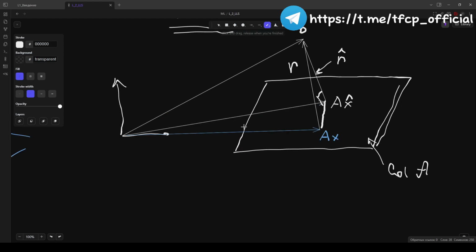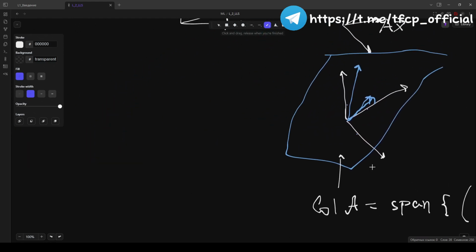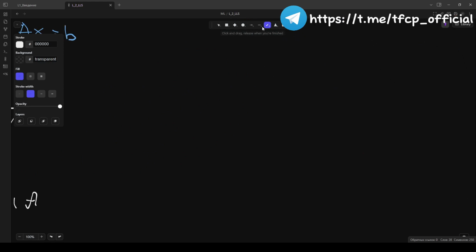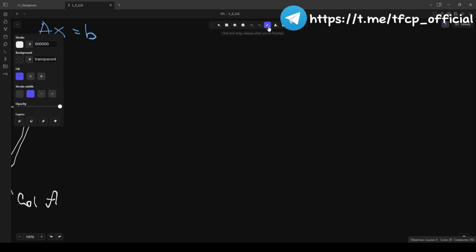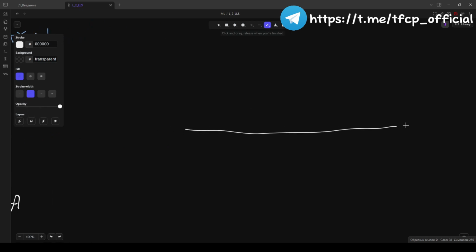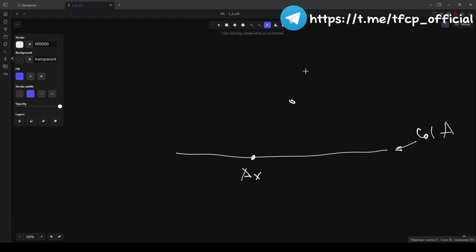Let's take a look at all of this from the outside and see exactly how it will look. That is, if we look at this picture from the side, then essentially this plane will turn into a line from a different perspective. Here I have the vector b, and right here, as you can clearly see, I have the vector ax.